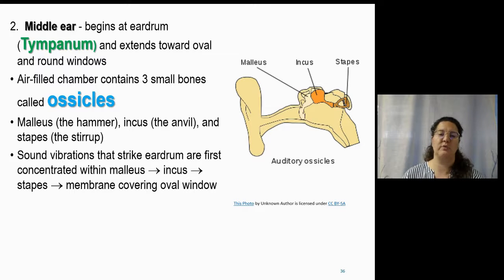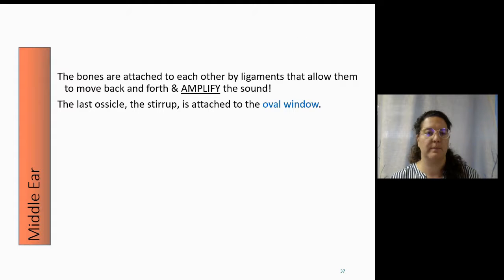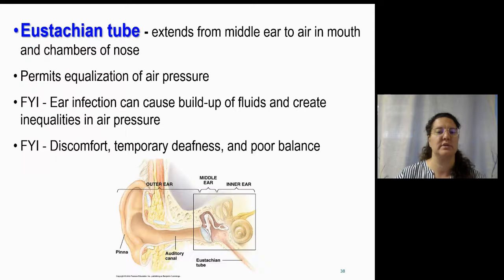And then they're going to vibrate the membrane covered oval window. So those bones amplify the sound waves, and the last one is attached to the oval window, which is then going to connect to our inner ear.